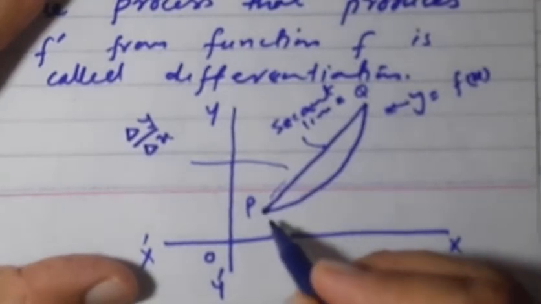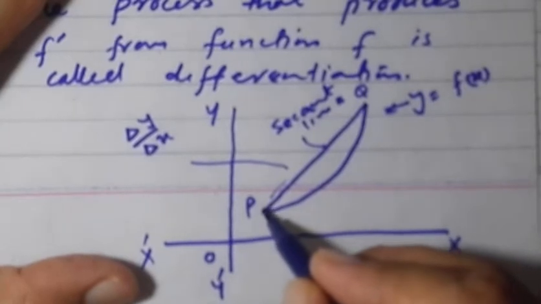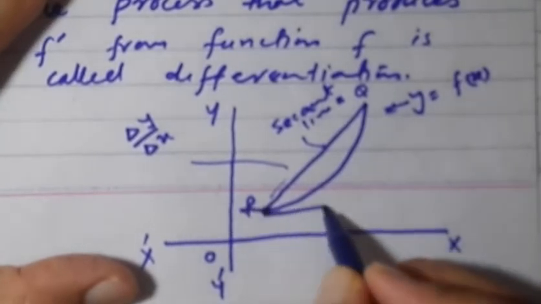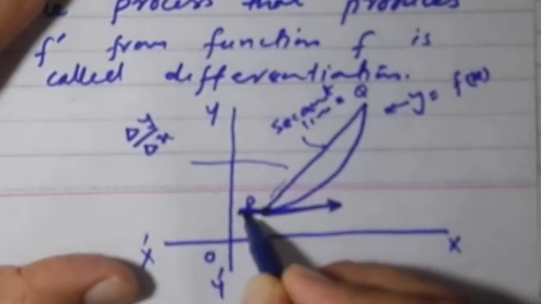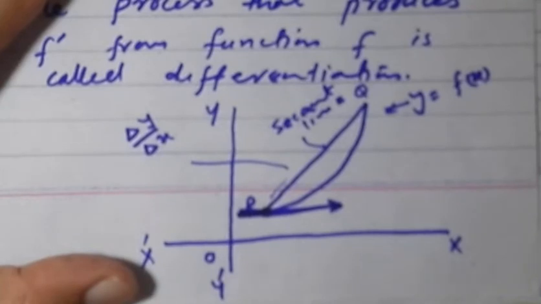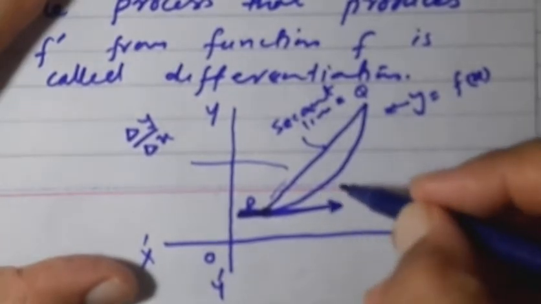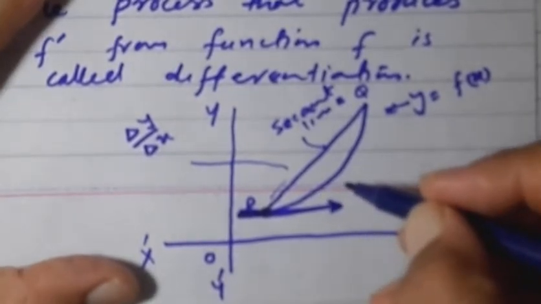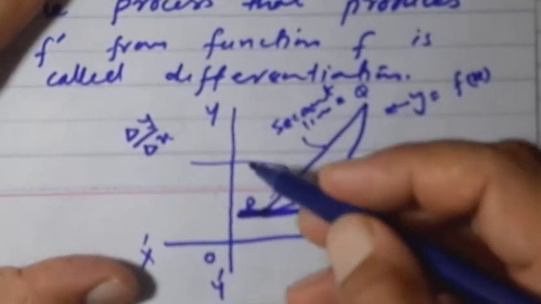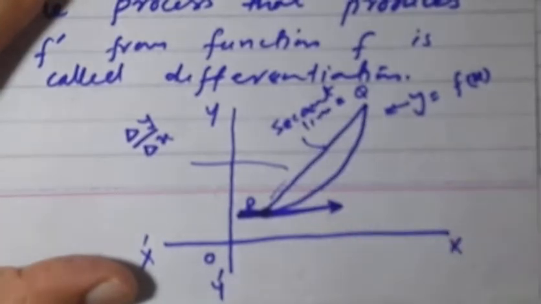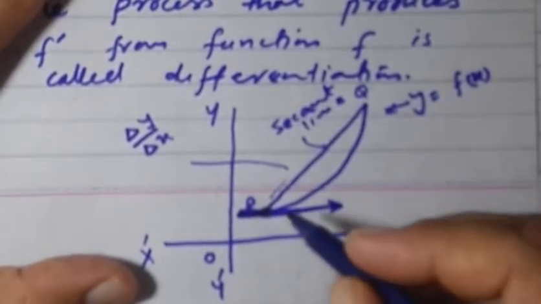Now let us suppose we draw at this point P a tangent. You know what is tangent? A line which touches a curve or a circle at only one point and is perpendicular to the radial segment of that circle at that point is called tangent.